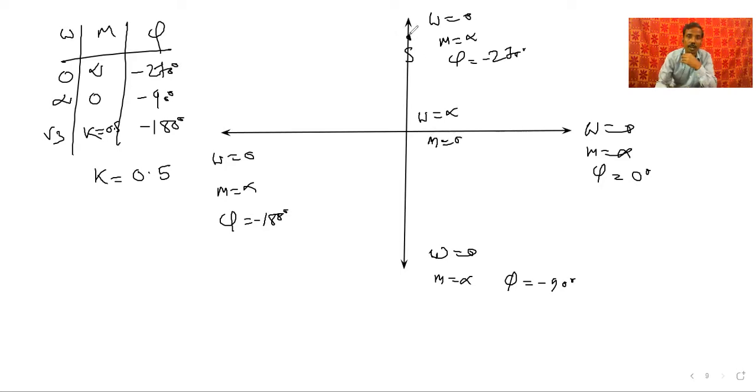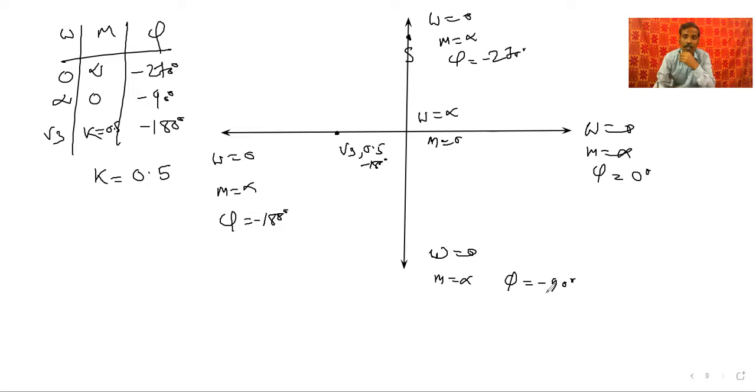This is the starting point, and this plot passes through 0.5. So √3, 0.5, and another value at minus 180 degree.